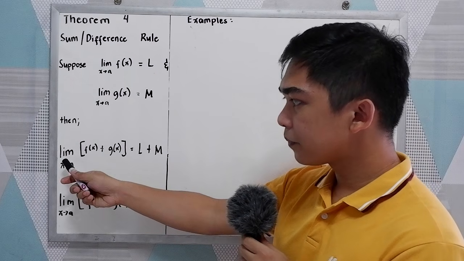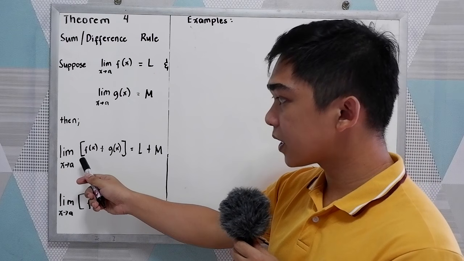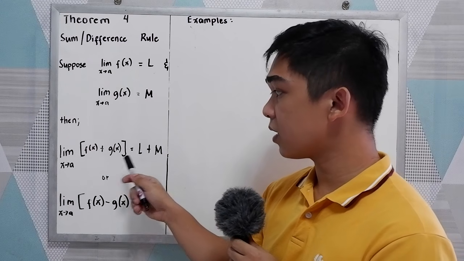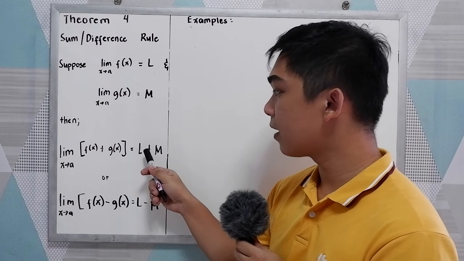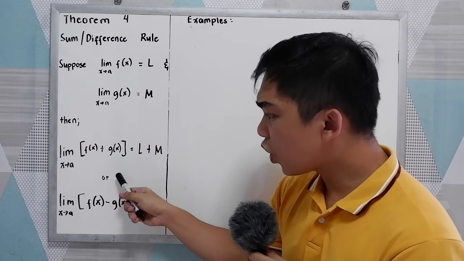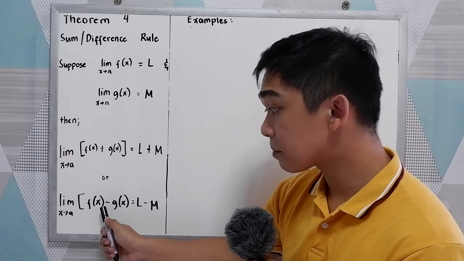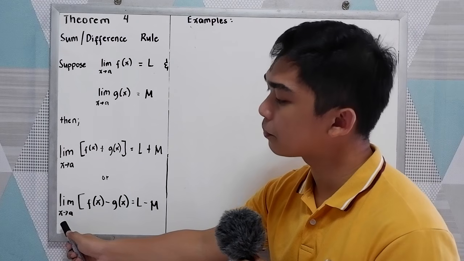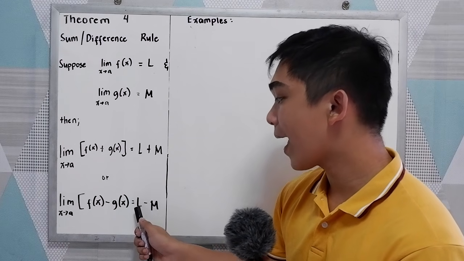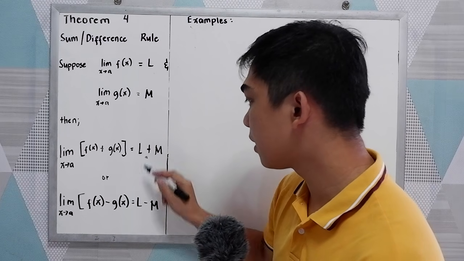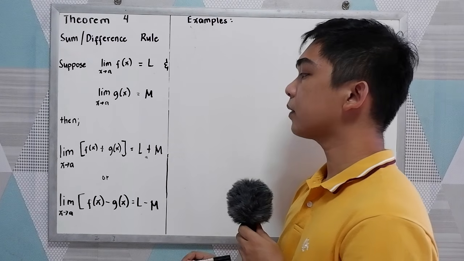Then we have the limit of the quantity f of x plus g of x as x approaches a is equal to L plus m. Or we have the limit of f of x minus g of x as x approaches a is equal to L minus m. We have the addition or the sum and the difference.